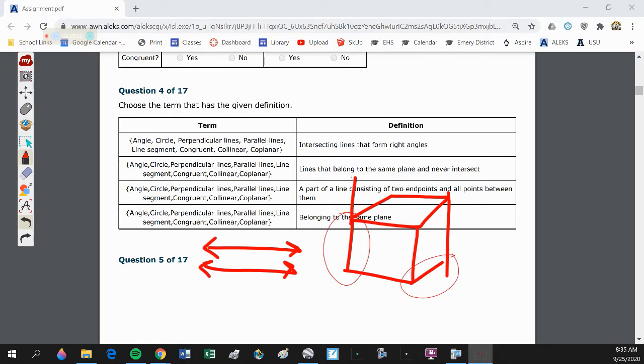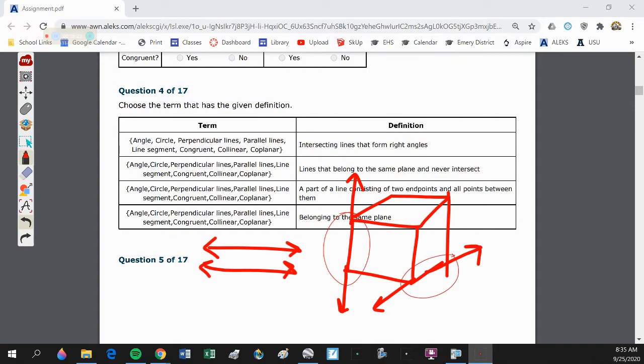So if we made those go forever, are those lines ever going to touch? Think of a cube. So, like my speaker right here. So this line here and this line here, will they ever intersect? No. Are they parallel?